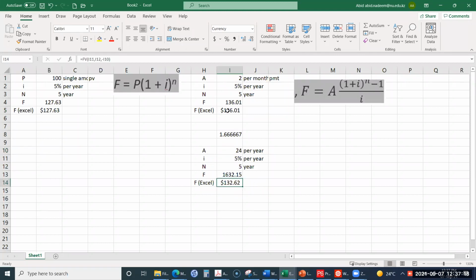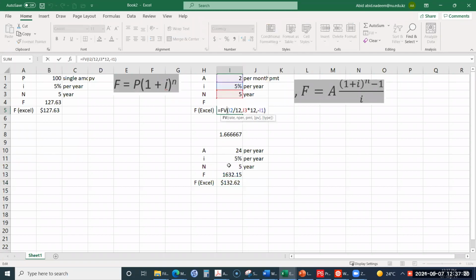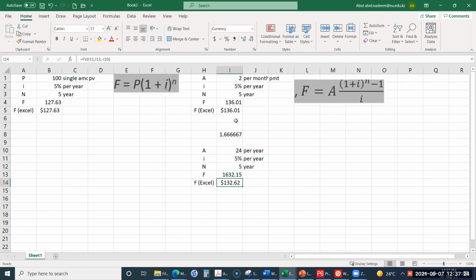The reason why this amount is higher here than here is that now you are getting the interest after every month. So the equivalent interest which you will get in 1 year will be more in this situation than in this situation. That's why you will get more amount in the future in this case.